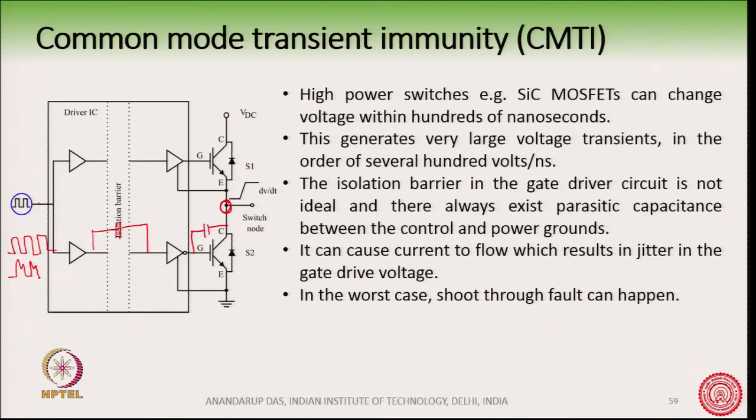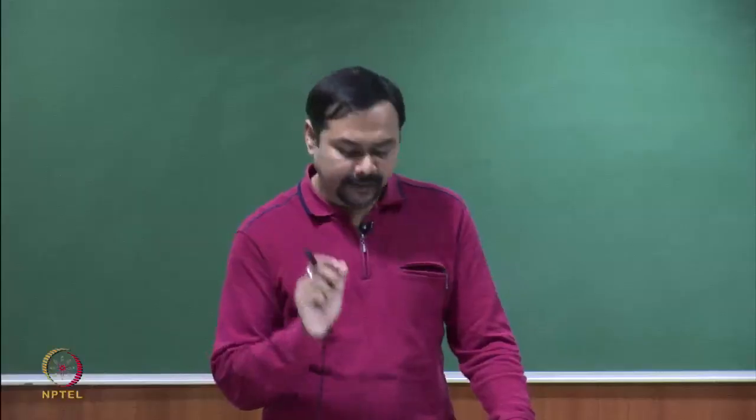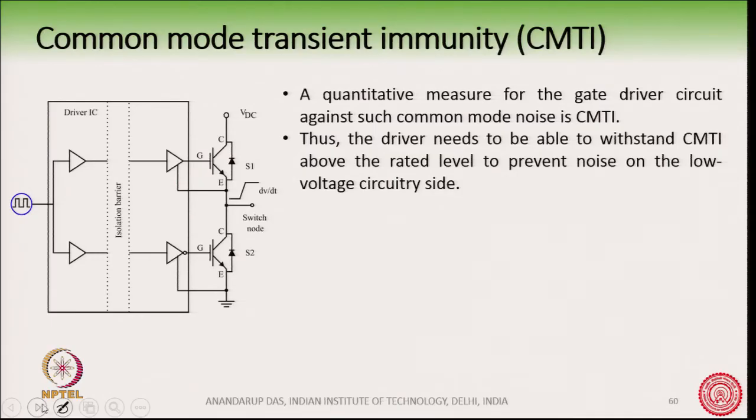So, the common mode transient immunity, CMTI, is specified as a quantitative measure for the gate driver circuit against such common mode noise. The driver needs to be able to withstand CMTI above the rated level to prevent noise on the low voltage circuit, and this is given as a value in the gate driver.